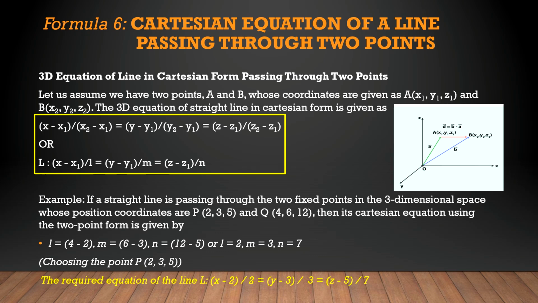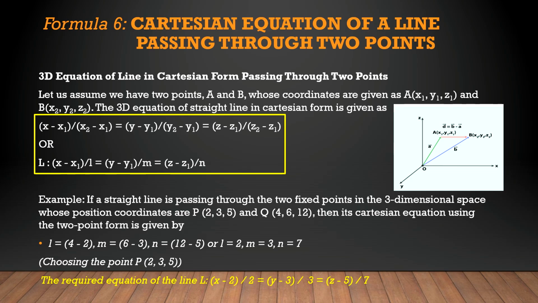In the given example, you can see a straight line passes through these 2 points in 3-dimensional space. The Cartesian equation using the 2-point form will be, first you find l, m, n. That means the difference of the x coordinates, the difference of the y coordinates, and the difference of the z coordinates.